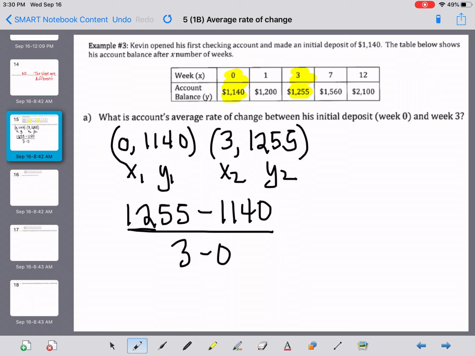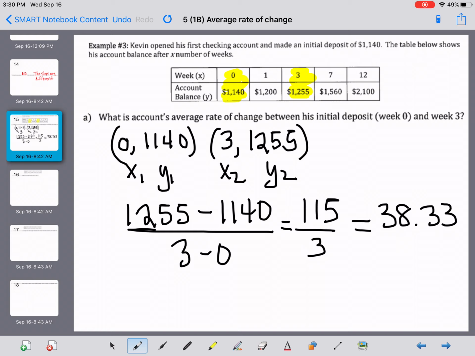And when we do the math here, we get 115 divided by 3, which comes out to approximately $38.33 for the average rate of change between week 0 and week 3.